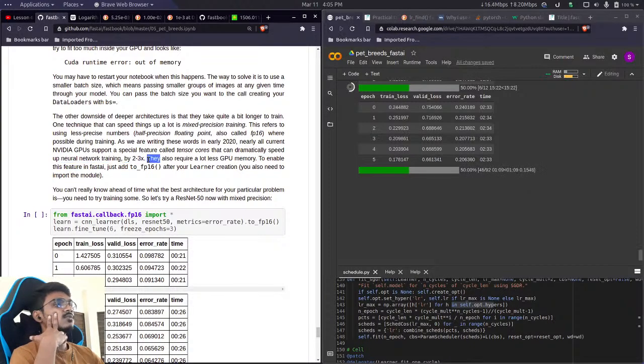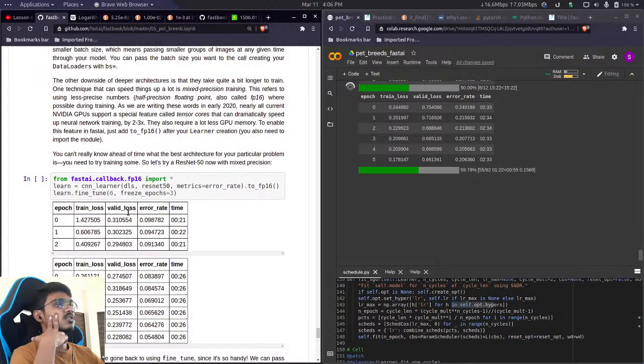They also require a lot less GPU memory. To enable this feature in FastAI, just add to_fp16 after your learner creation. You also need to import the module, callback.fp16.